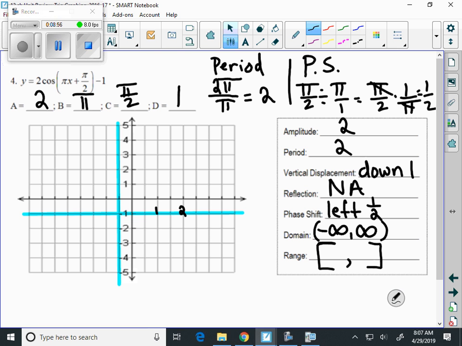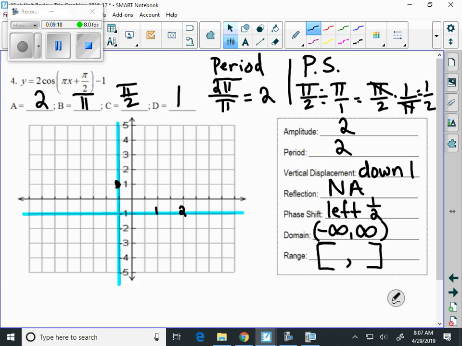Cosine. Cosine of 0 is 1. And then we've got a 2 in front of it, so 1 times 2 is 2. And we're going to start where these highlighted lines intersect. So we're going to go at 1. That's 2 spaces above the new x-axis, so to speak.